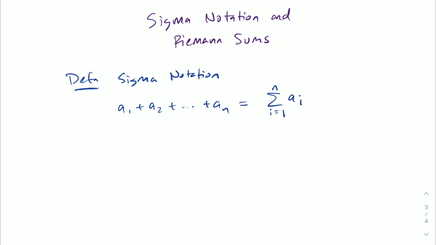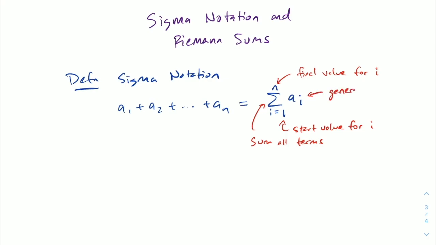This 1 is the start value for i, and this n is the final value for i. This Greek letter sigma means sum all the terms. And this a_i is the general formula for the terms.